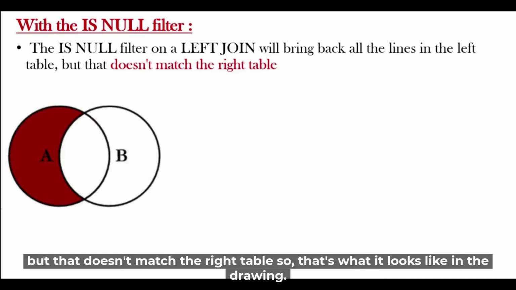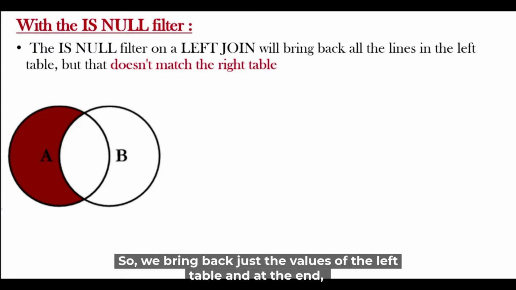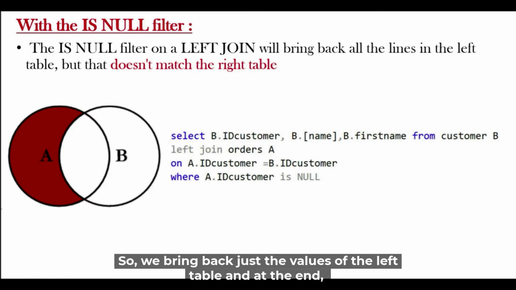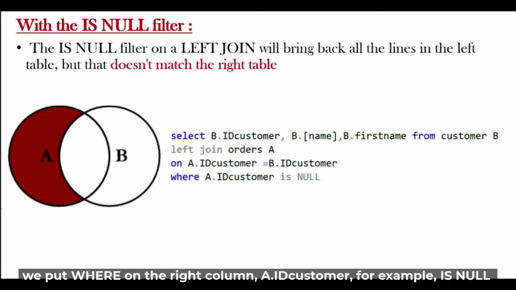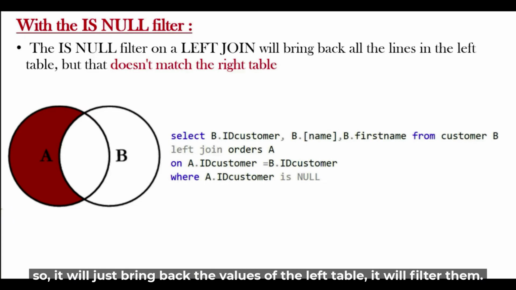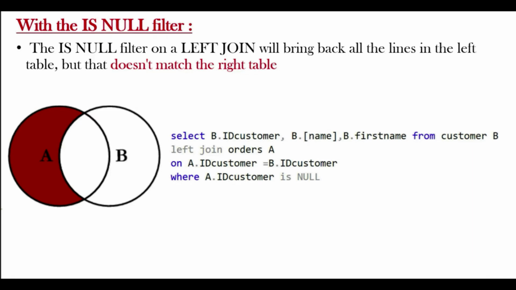In the drawing, we bring back just the values of the left table, and at the end we put WHERE on the right column, ID customer for example, IS NULL. So it will just bring back the values of the left table. It will filter them.